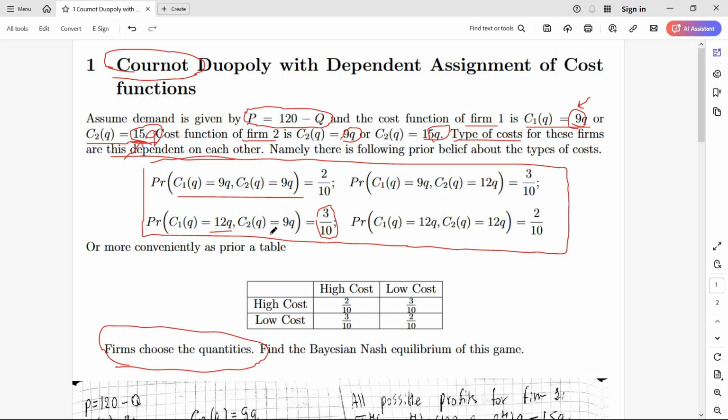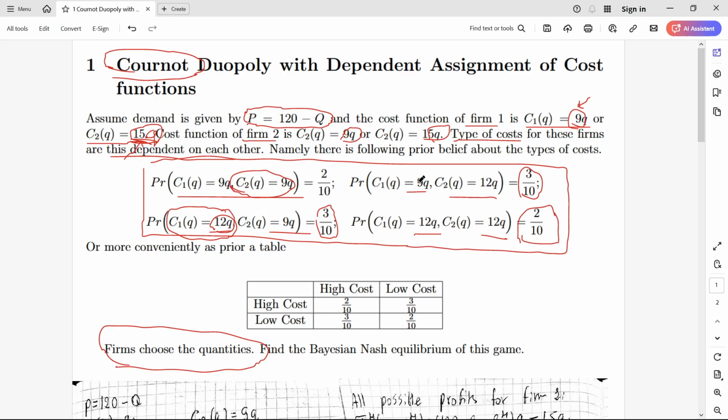Or here it says high type and low type, and here probability of low type occurring and high type occurring is this, and probability of two high types occurring is this. So one of them being in the equation alters the probability of, for example, the other one being of low type. And some of you may have noticed it says 12 here instead of 15. This is a typo. It should be 15 here.